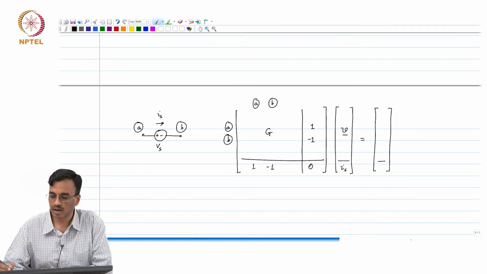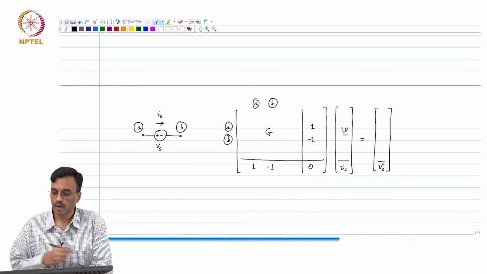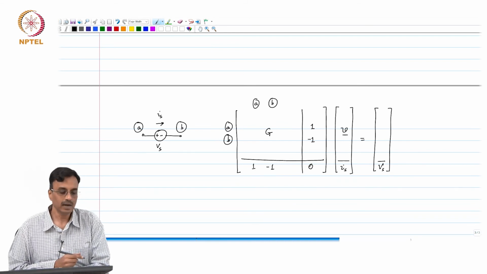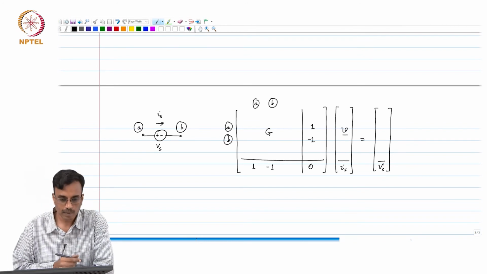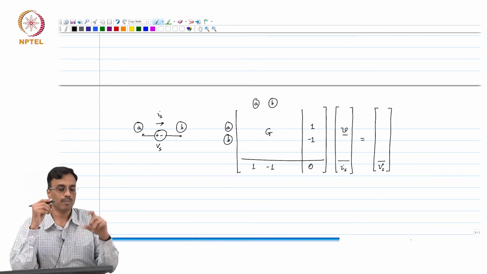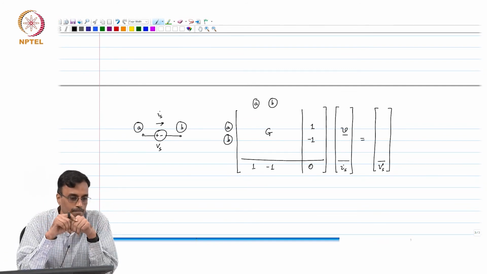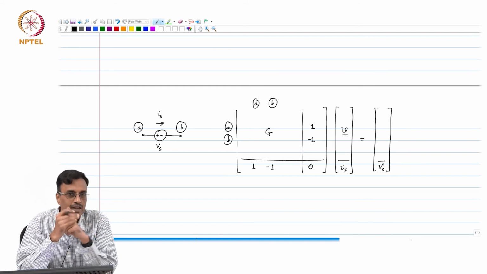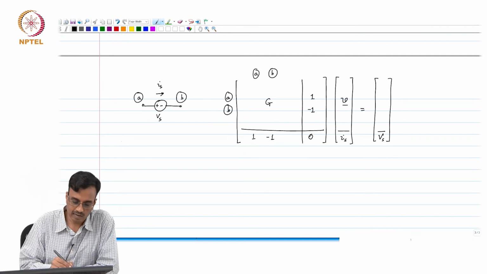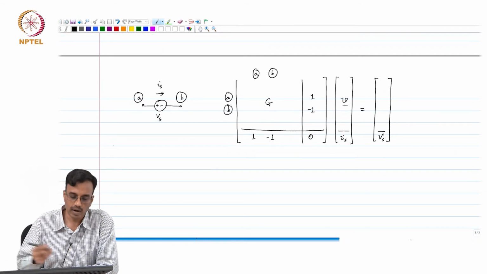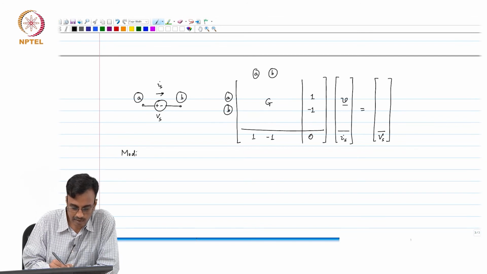Here you have all the independent current sources, and then now you have Vs. So, this method of accounting for voltage sources, or in other words accounting for branches where the branch current cannot be expressed as a linear function of the branch voltage, is an extension of the nodal analysis that we know already, and this is what is called the modified nodal analysis.